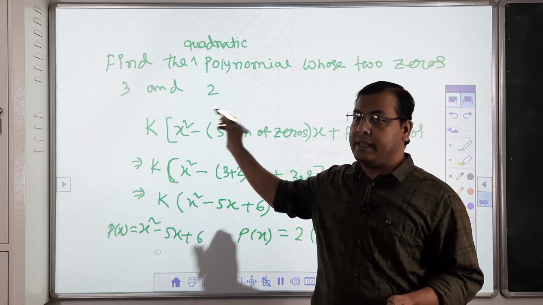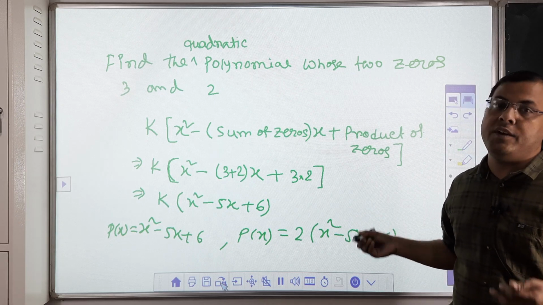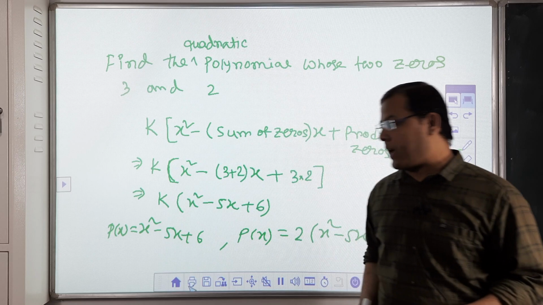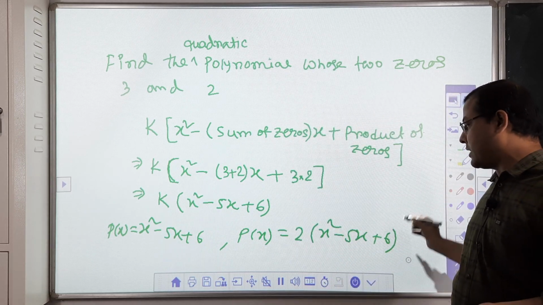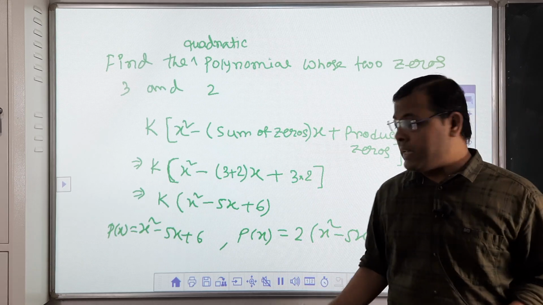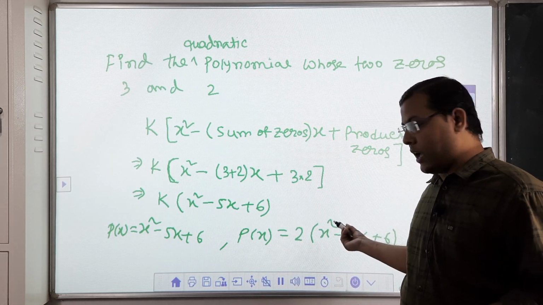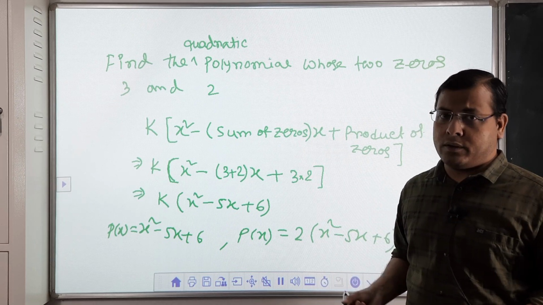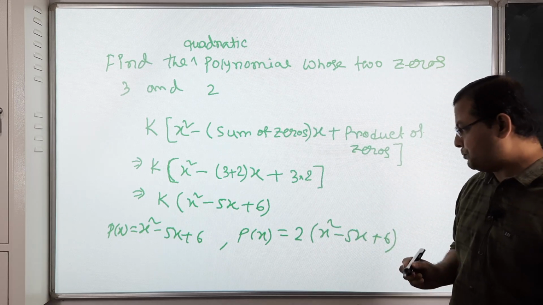Having the zeros 3 and 2, we can form infinite polynomials. If someone takes k equal to 3, then he gets another polynomial.